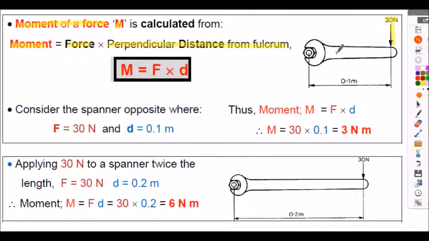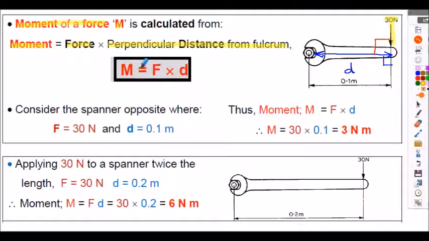By perpendicular distance, it's referring to this dimension here. This is the perpendicular distance to the line of action of the 30 Newton force. So there's a right angle here. We often label this distance, shown as 0.1 here, with the symbol D.